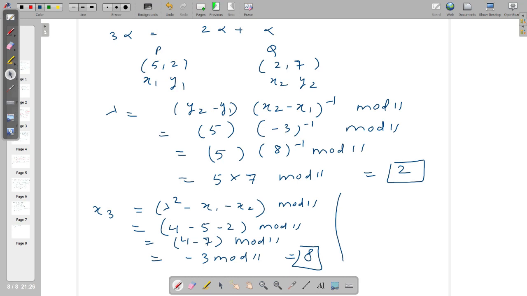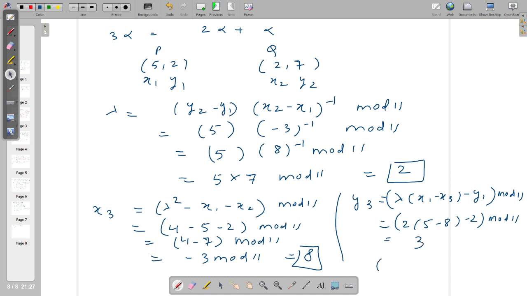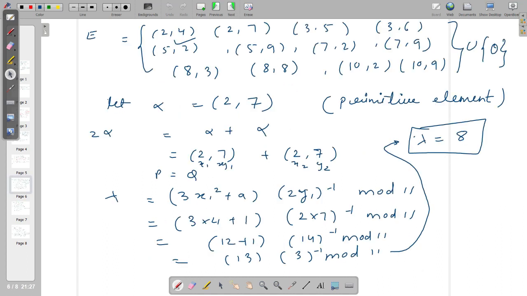Similarly, we can calculate y3. So y3 is equal to lambda times (x1 minus x3) minus y1, whole mod 11. So it is 2 times (5 minus 8) minus 2 mod 11. So it is 3. So the next point is (8, 3). 3 alpha is (8, 3). So (8, 3) also belongs to the group here.